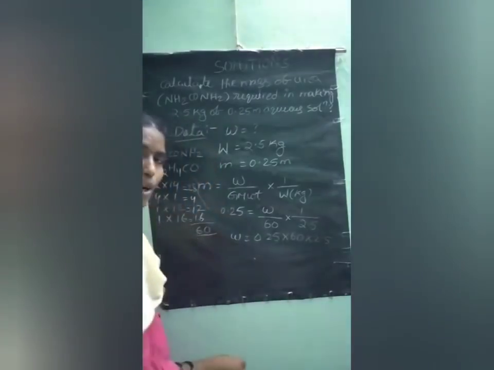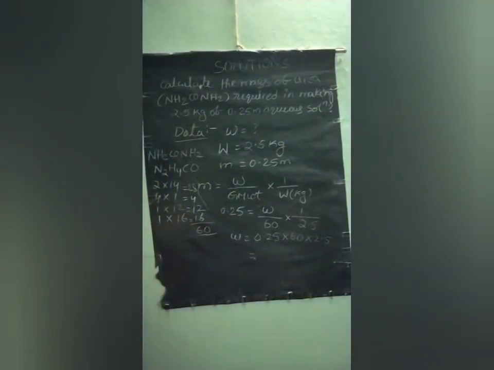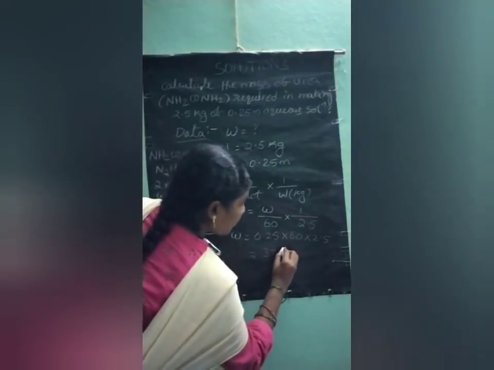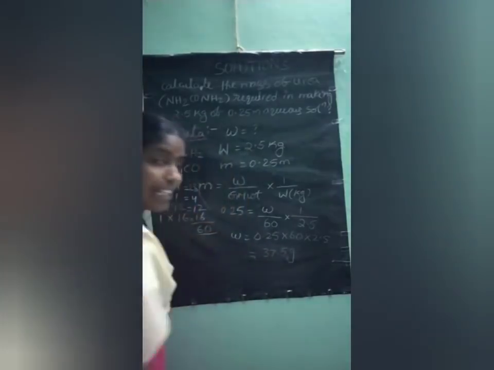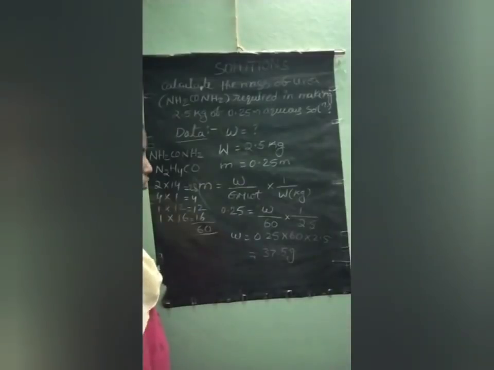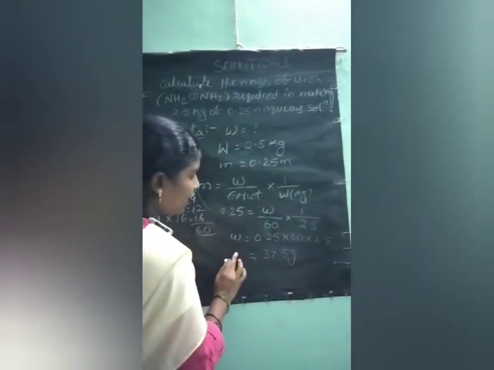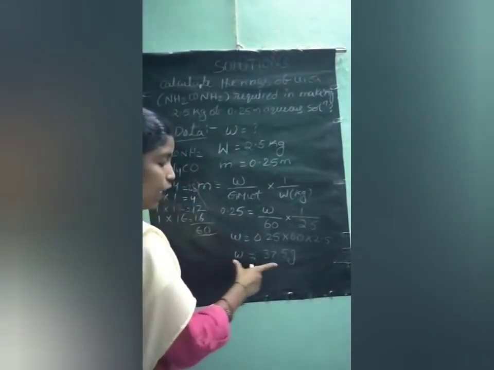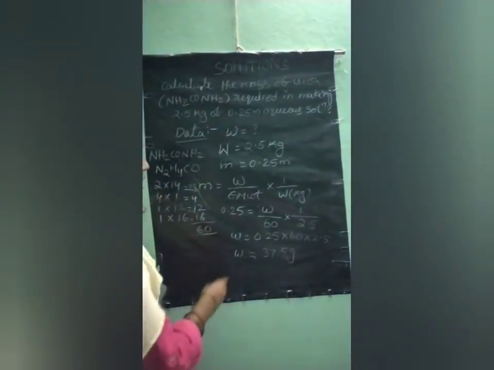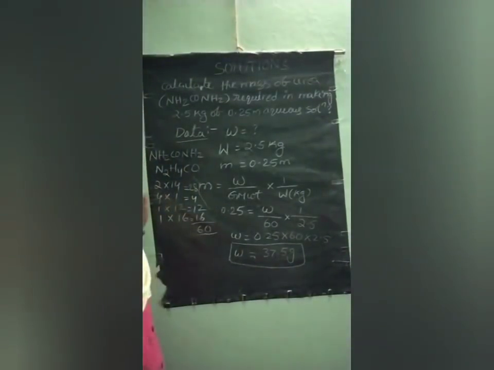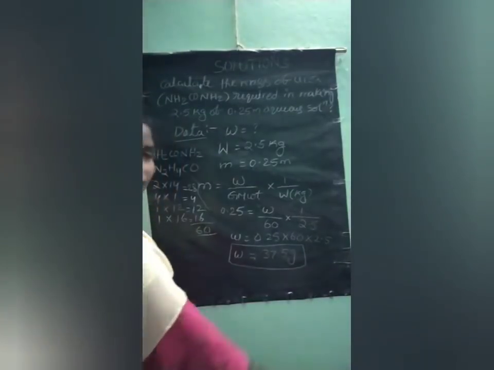By calculating all these values, we get the final weight of the solute, that is 37.5 grams. Do the calculation at home and verify; I am giving the answer. So this is the mass of the solute, 37.5 grams.